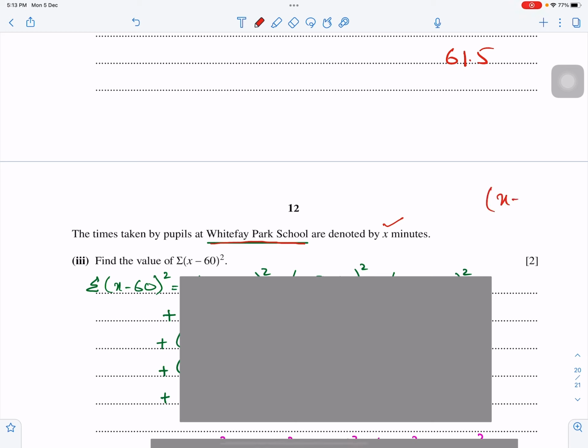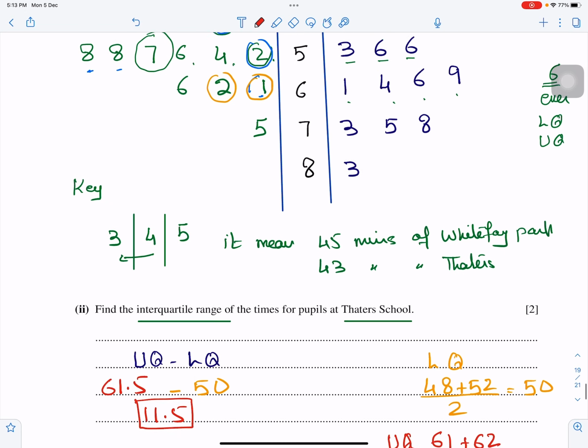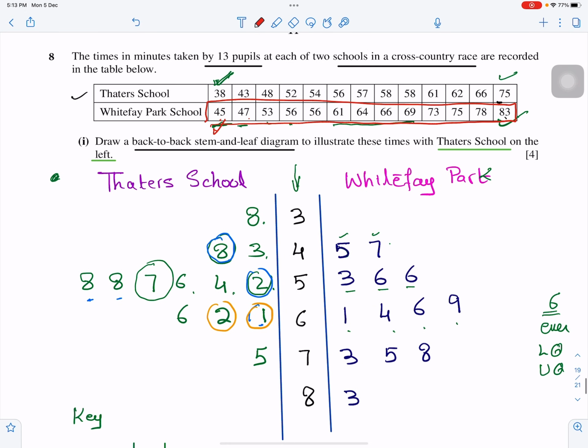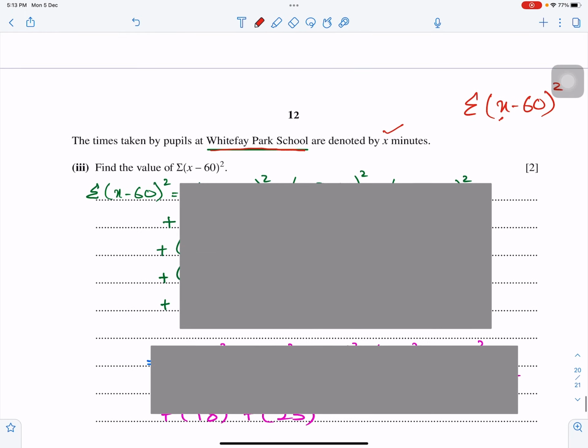When I say (x minus 60) square and sigma sum, it means each and every minute which is given here of 13 students, I will subtract 60 from the data and then I will square it. Right? So for example, the first data here was given 45 and then 47 and so on. So let me just explain you the meaning of one.